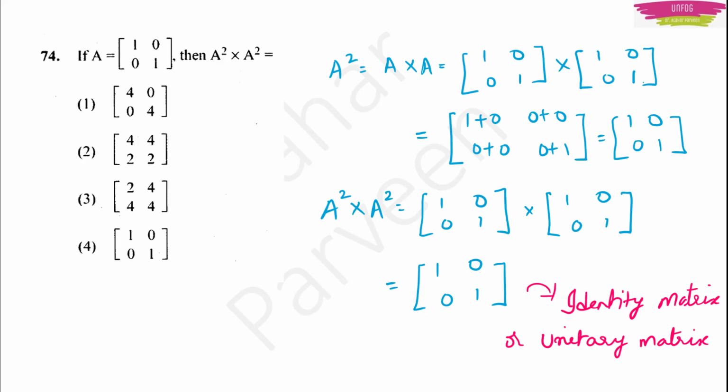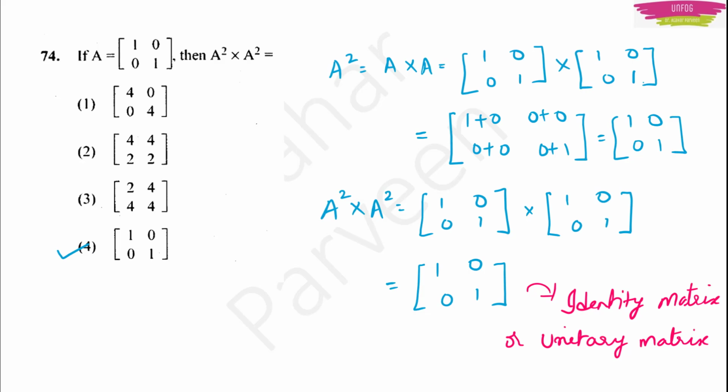It is a special type of matrix containing 1 0 0 1. The speciality of this matrix is that no matter how many times you multiply the same matrix, you will get the same matrix in the answer. This type of question they asked in your HSTR exam in 2015. So option 4 is the right option.